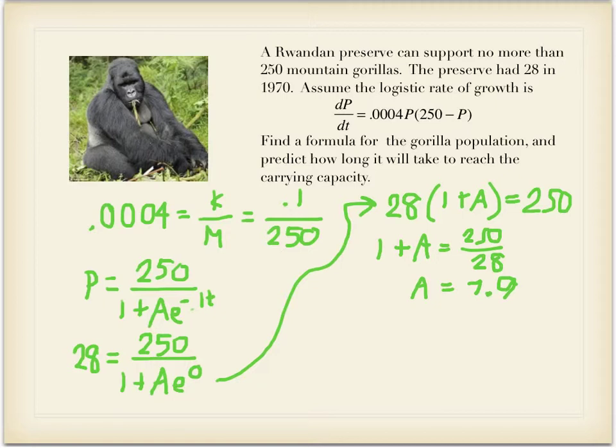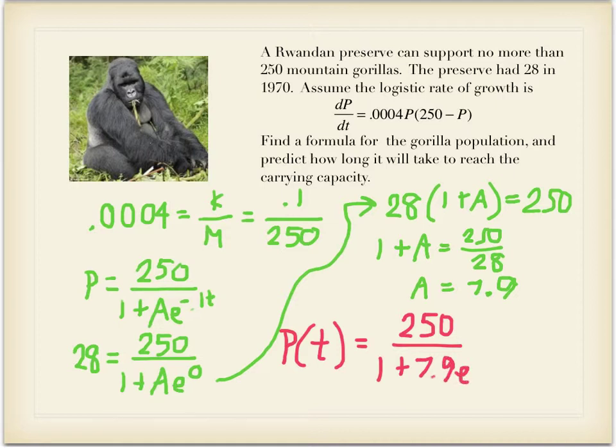So what I'm looking for in this equation will look something like this: P of t equals 250, that's my carrying capacity, remember, over 1 plus 7.9 times e to the negative 0.1 t. That's my equation.